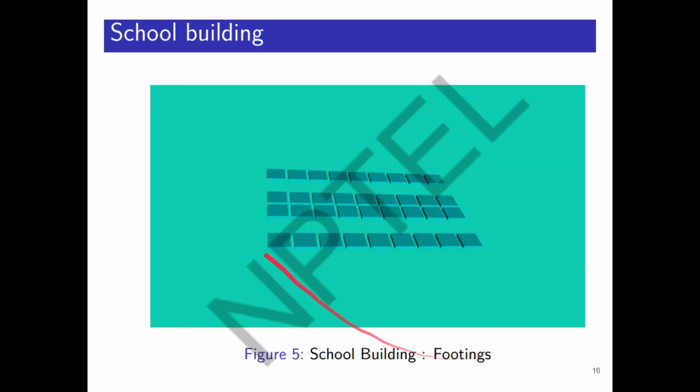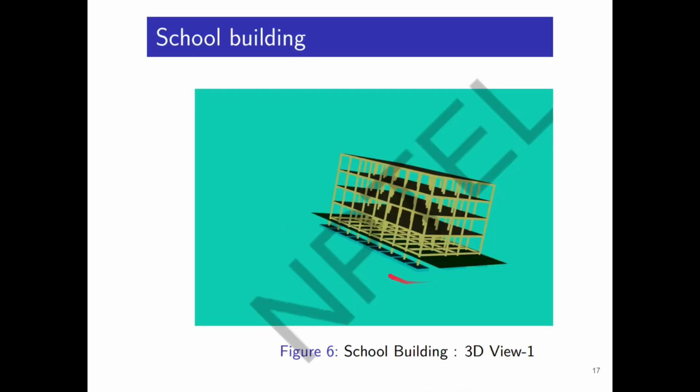They have defined, designed and analyzed it in a software, as I told you. You can take any software like SAP 2000, ETABS, STAAD Pro, etc. These are the footings of the school building, and this is the structural skeleton, where they have shown various 3D views.